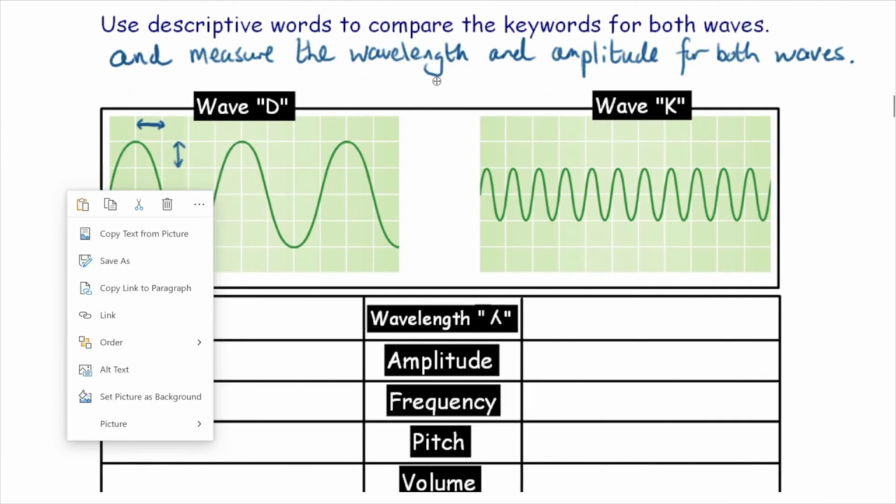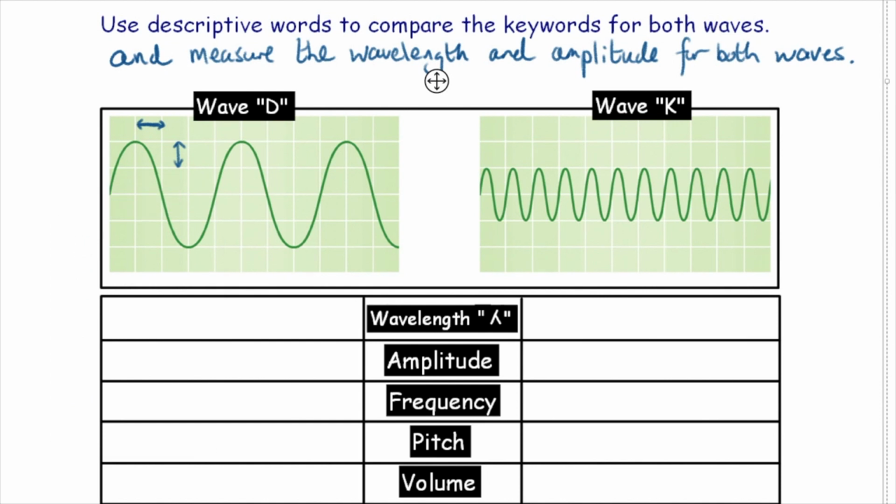A couple of other things. Oh, there's a slight typo there. That's lambda. Lambda should be shown like that. It's just been reversed, that's all. So you can correct that.